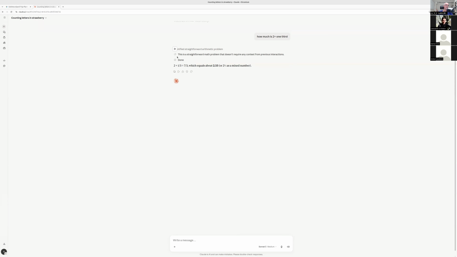And even more, this is a straightforward math problem that doesn't require any context from previous interaction.